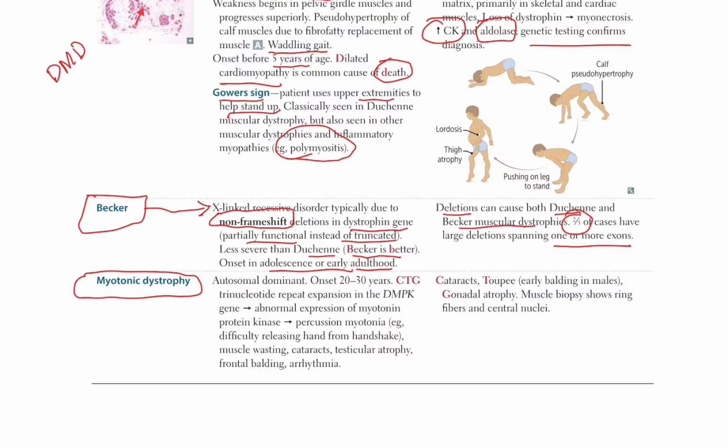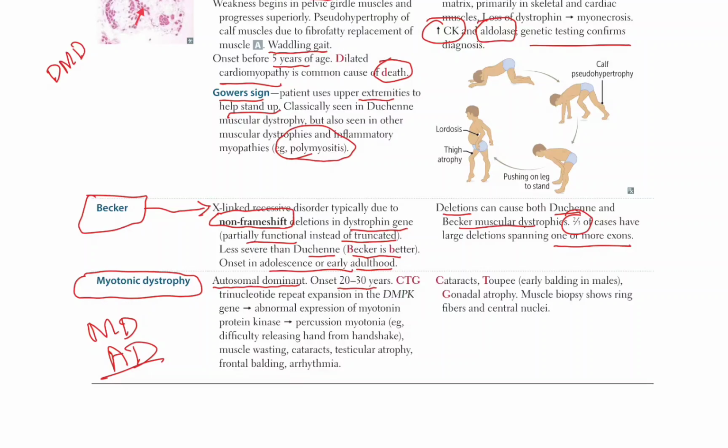Myotonic dystrophy is autosomal dominant. Duchenne and Becker muscular dystrophies are X-linked recessive, and myotonic dystrophy is autosomal dominant. Onset is 20 to 30 years old.